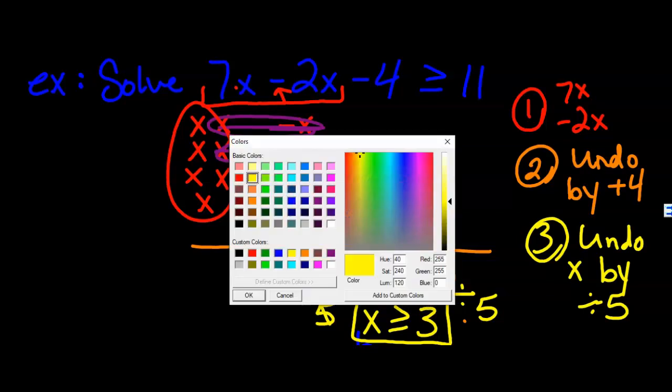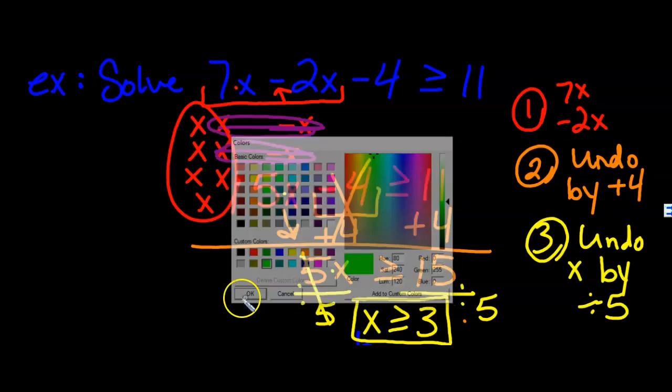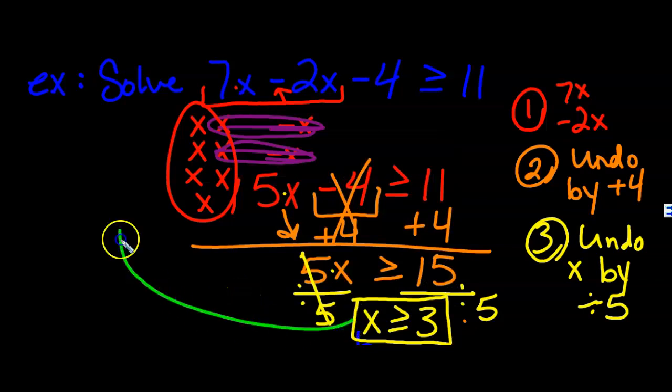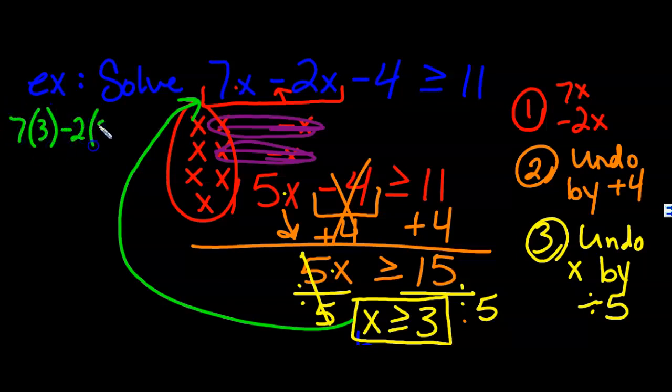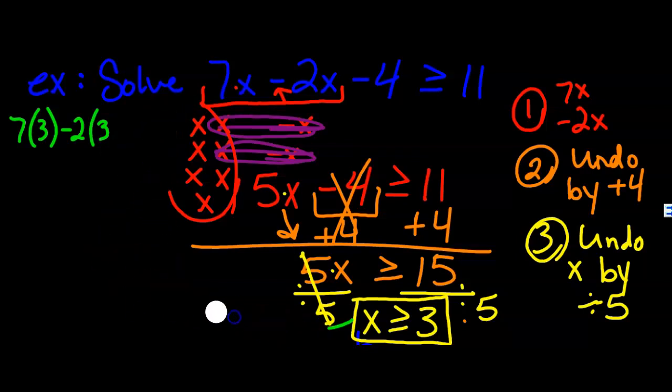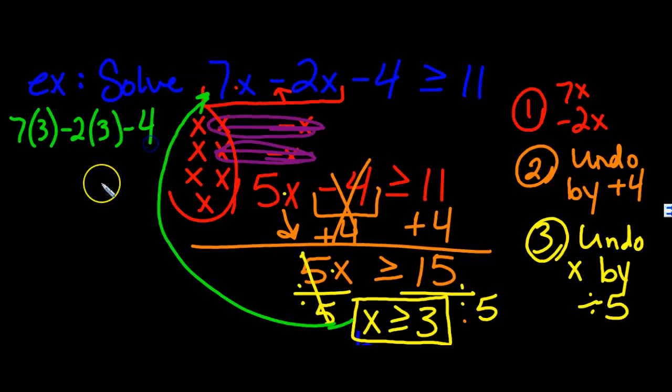We have to make sure it makes sense in our problem. Okay, so when we see an x, we're going to substitute 3 and see if it makes sense. 7 times 3 minus 2 times 3 minus 4 needs to be greater than or equal to 11.